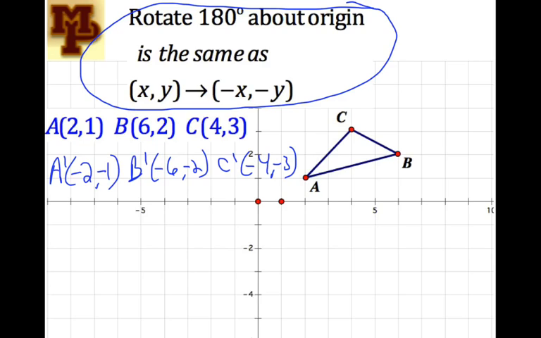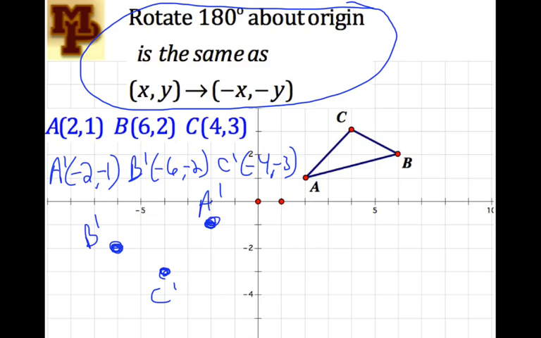So let me plot those. So we got A prime there. Got B prime. 1, 2, 3, 4, 5, 6. I'm assuming you're all masters at plotting points. C prime. 1, 2, 3, 4. 1, 2, 3.